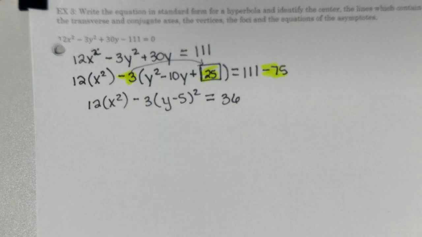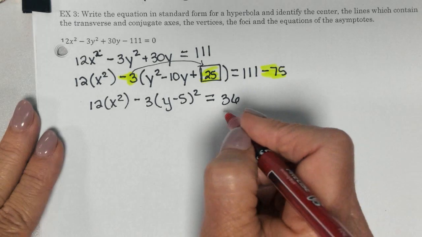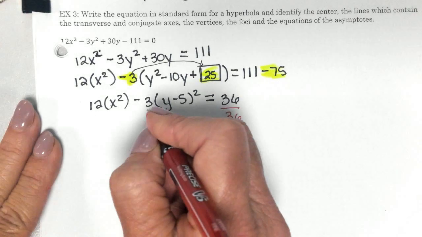Now, just like the ellipse, we have to set it equal to 1 for the hyperbola. So what do I do to get it set equal to 1? Yep, so I'm dividing both sides by 36.